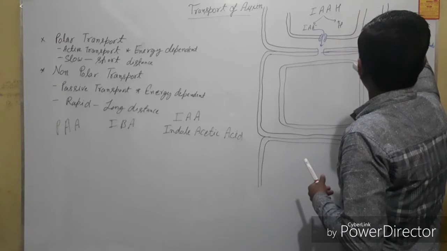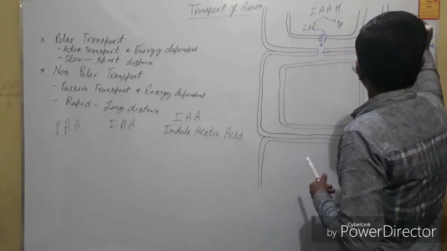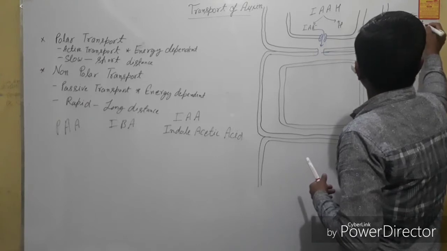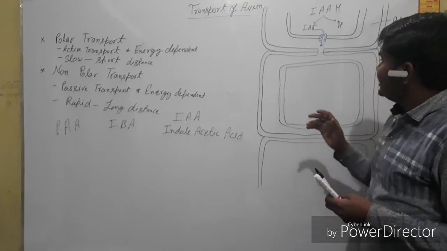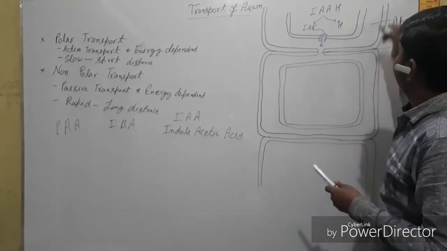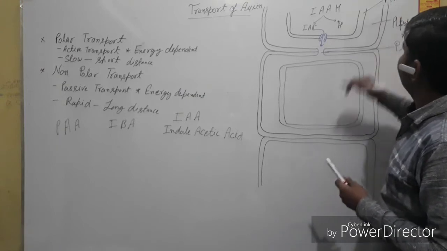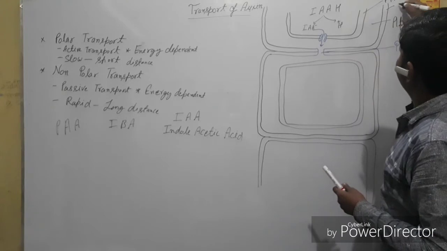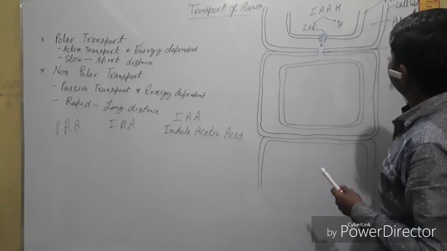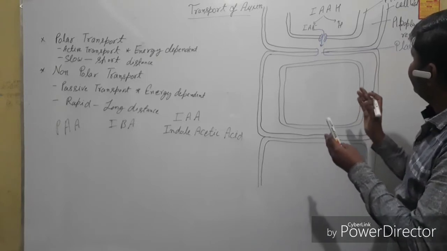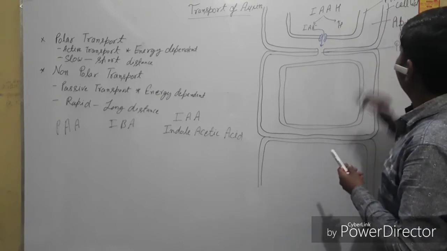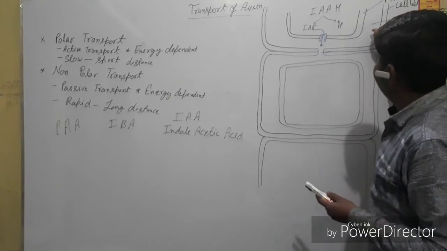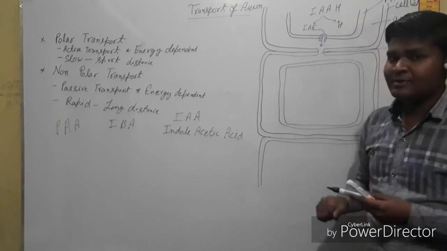This is the apoplastic region. We all know that cells of a plant are bound by the plasma membrane, then after that the cell wall, and between both of them there is a space which is known as the apoplast region. In this apoplastic region, IAA comes.